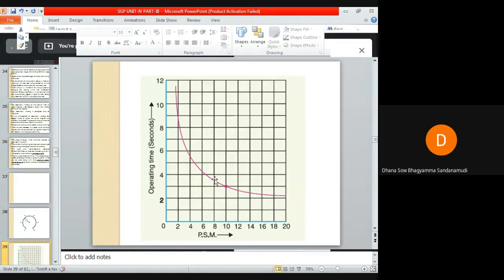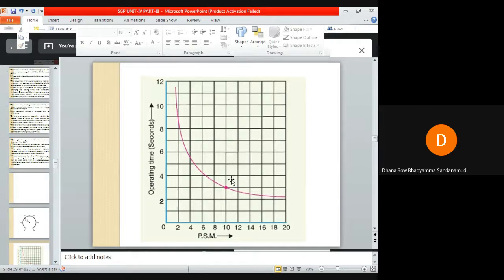This plug setting multiplier graph or curve is provided by the manufacturer. When the customer buys this relay from the manufacturer, along with the relay, he will also provide this plug setting multiplier curve. So if you know the time setting value, and if you have the plug setting multiplier curve data, then you can easily determine the time of operation of the relay.